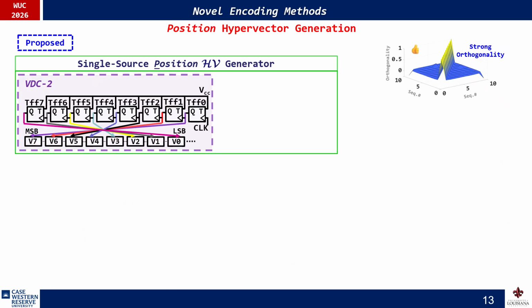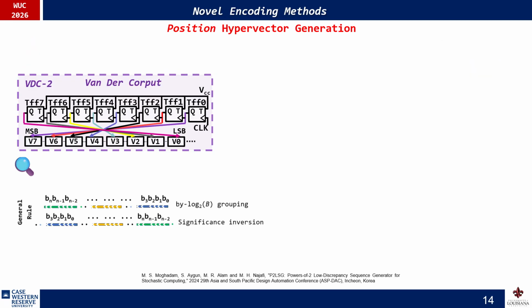Our proposed solution will be using a quasi-random setting. In this, we will be using van der Corput sequences. As a reminder, van der Corput sequences use simple hardwiring, swapping the most to least significant bits and vice versa, which gives us what is called a base 2 VDC sequence.